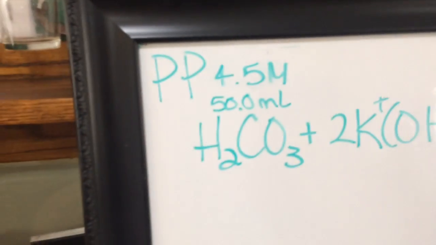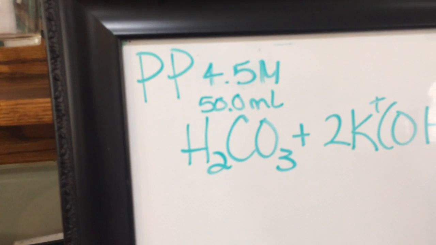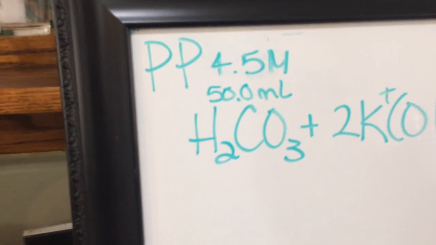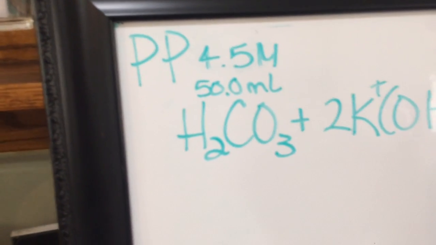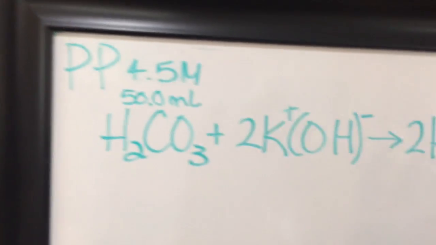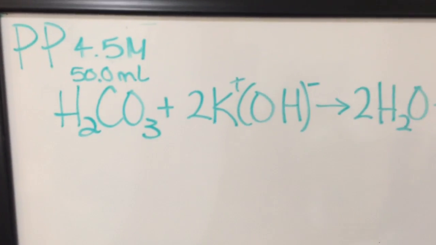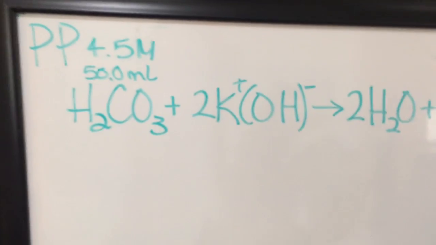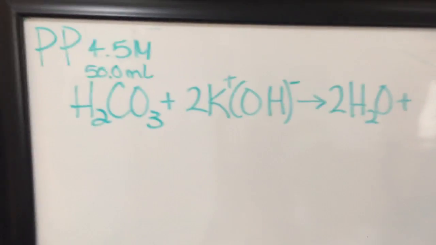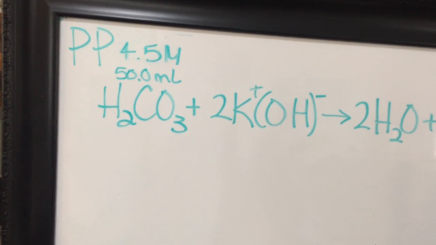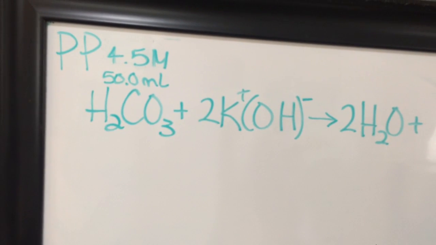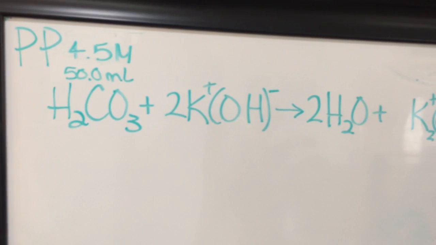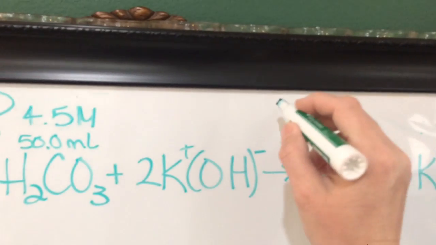With what I have, molarity and milliliters, how in the world, what can I do? Remember, the whole point of stoichiometry is the fact that I can relate in moles. Well, how am I going to get in moles here? If you remember, we have our molarity equation.